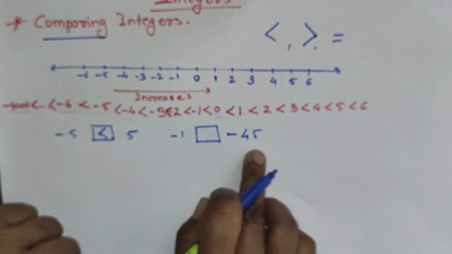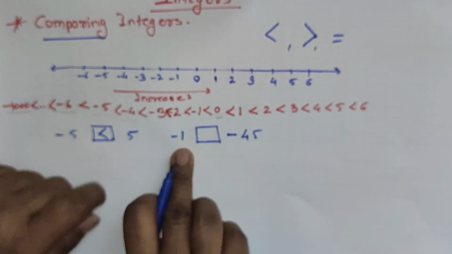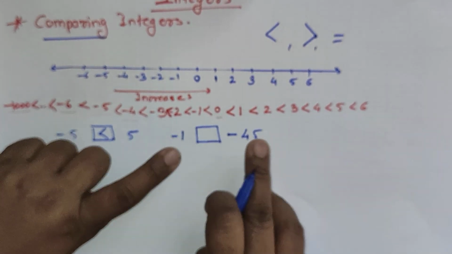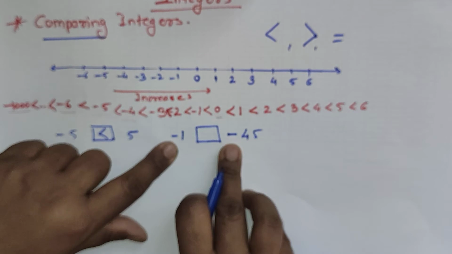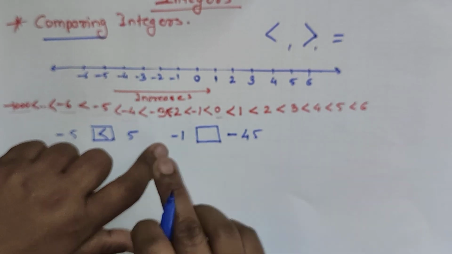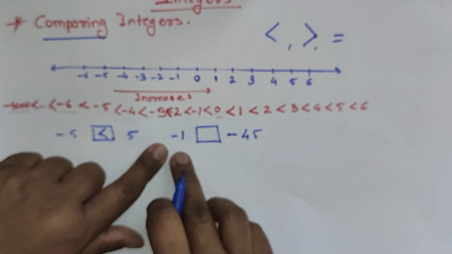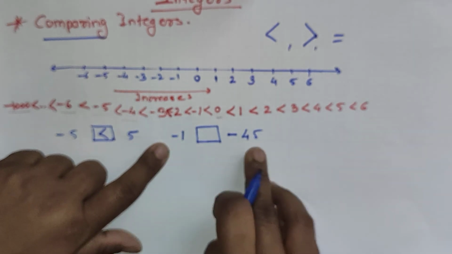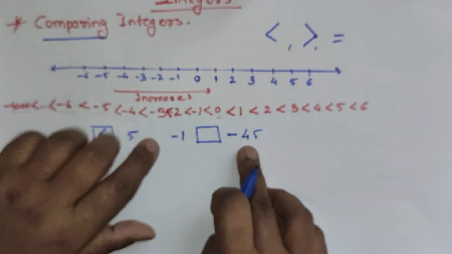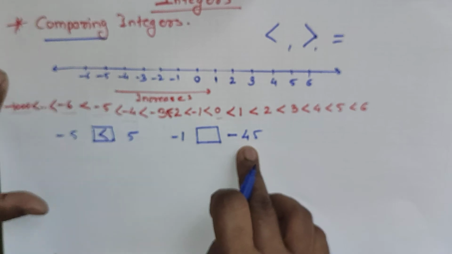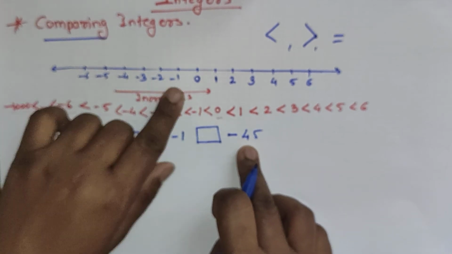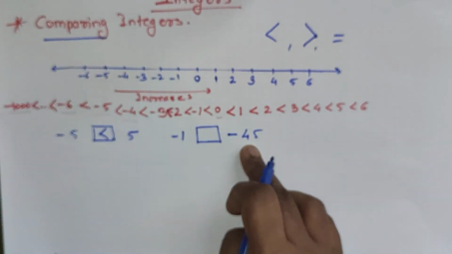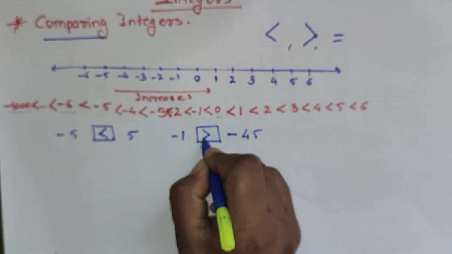From these two numbers, 1 is actually smaller and 45 is greater. But here the negative sign comes, so the smaller number becomes bigger and the bigger becomes smaller. So which is greater, -1 or -45? If we write -45 on the number line, it will come to the left of -1, and here -1 is greater.